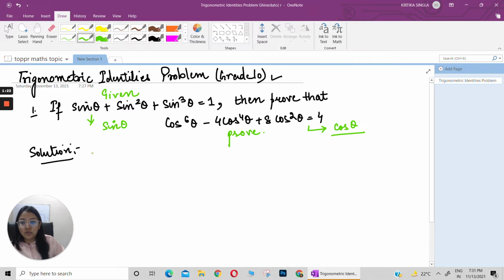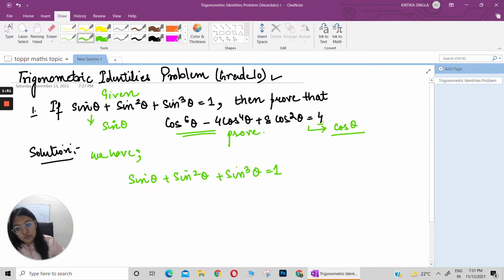We have sine theta plus sine square theta plus sine cube theta is equal to 1. We have to convert the sine theta functions into cos theta form, so that we can easily reach the left hand side, and the right hand side is equal to 4.